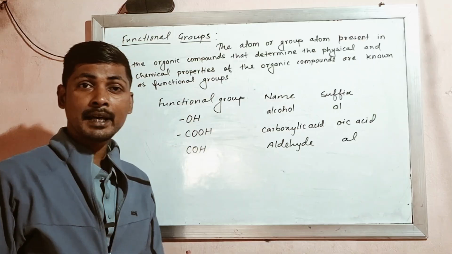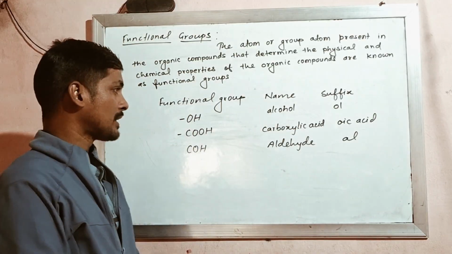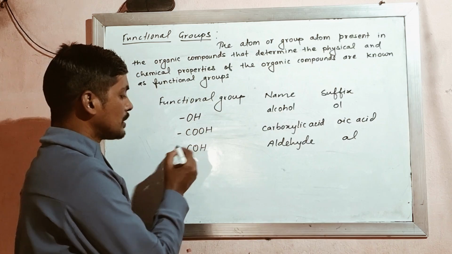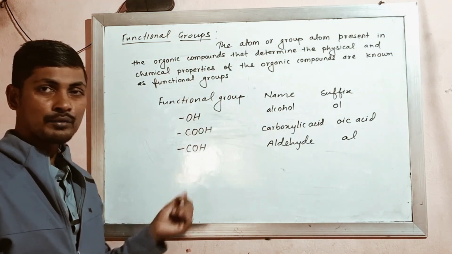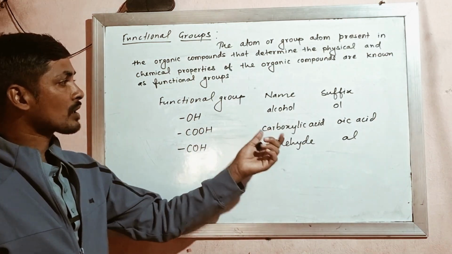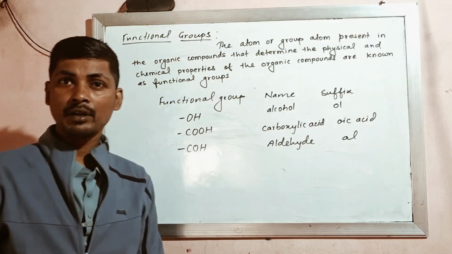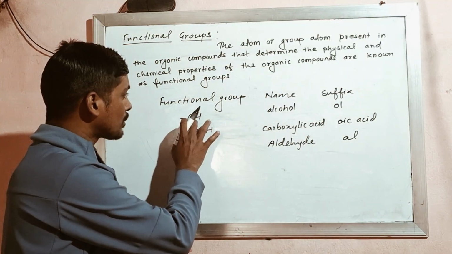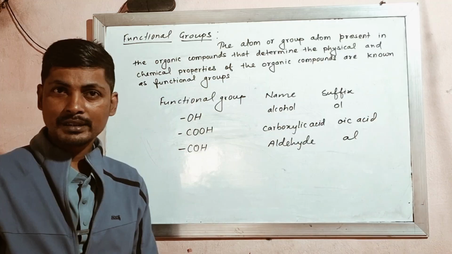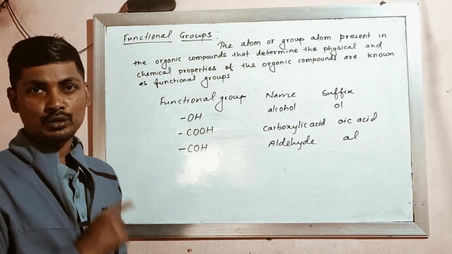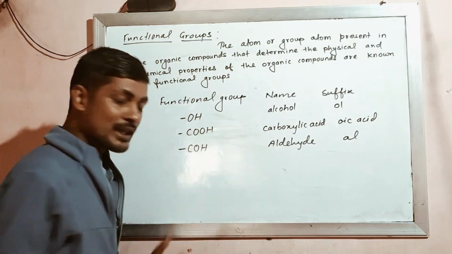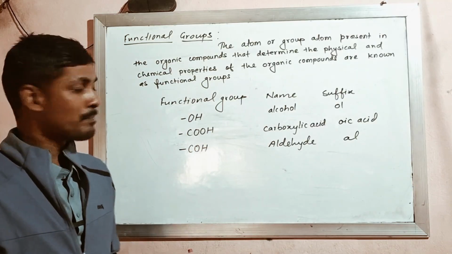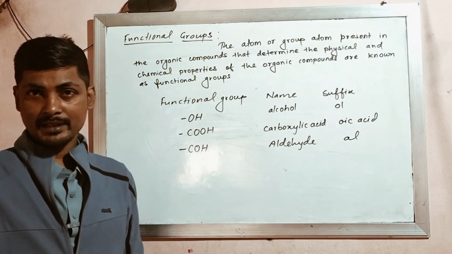In the same way, there are many other functional groups in organic compounds. Every functional group has its unique formula and structure, and they also have a particular suffix. If there is an OH group in any organic compound, that means the organic compound is an alcohol. If there is a COOH group, that means the compound is a carboxylic acid.